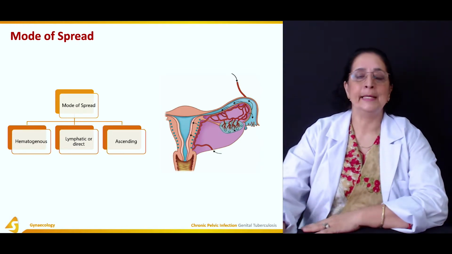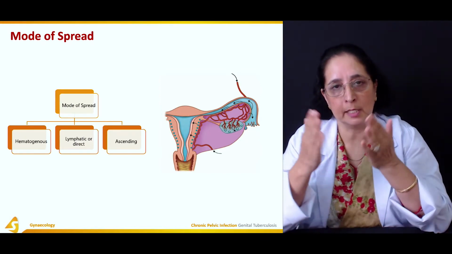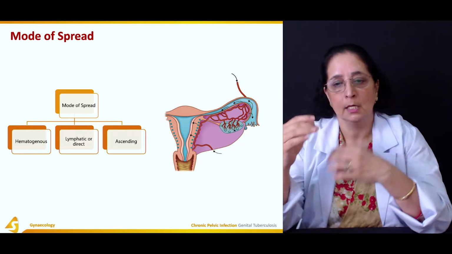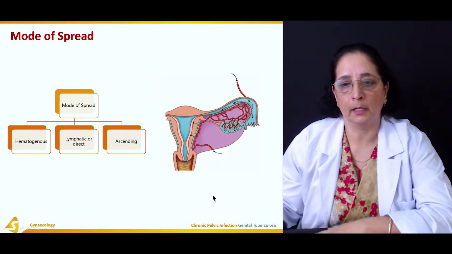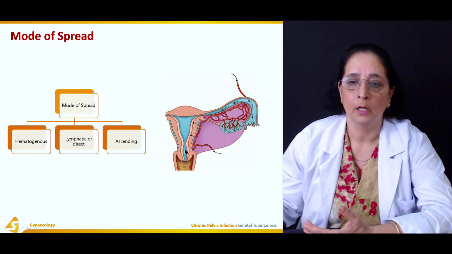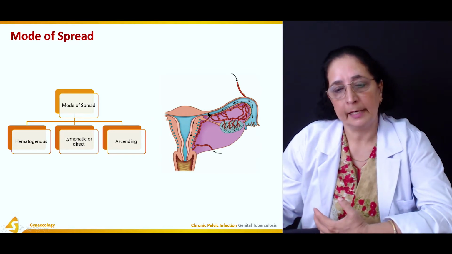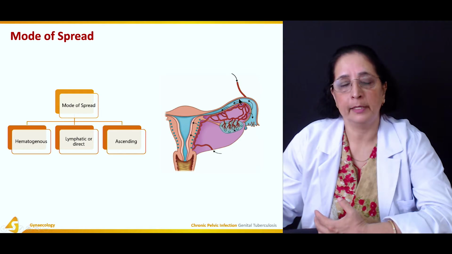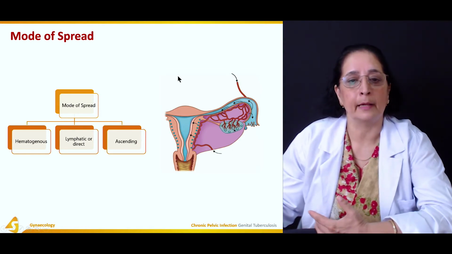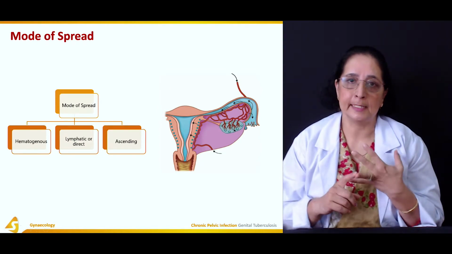Or it can be ascending. Ascending means it can go upward. It can spread from below upwards: through the vagina to the cervix, from the cervix to the uterus, then to the fallopian tubes and ovaries. That's how it can go in an ascending manner. So the modes of spread are through the bloodstream and the lymphatic system.